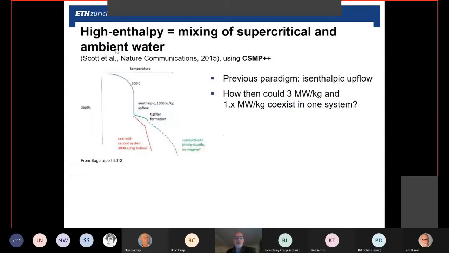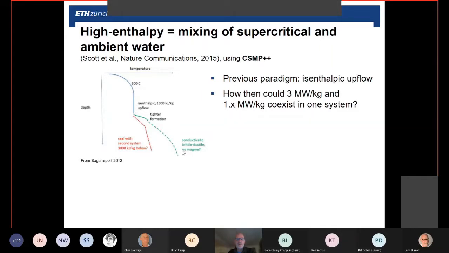Now, another question was, back then, before IDDP2 was drilled, there was an IDDP workshop at Reykjanes, and this was the sketch. The reservoir in Reykjanes follows the boiling curve with depth, and then has near isenthalpic upflow for the natural state, around 1300 kilojoules per kilogram or so.